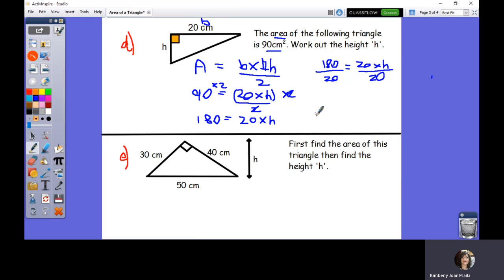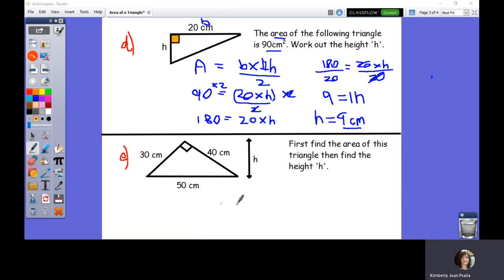So 180 division by 20 gives us the value of 9, equals this 20 simplifies with this. They both become 1, and here you are left with 1 h. So final answer, the height of our triangle here is 9 centimeters.